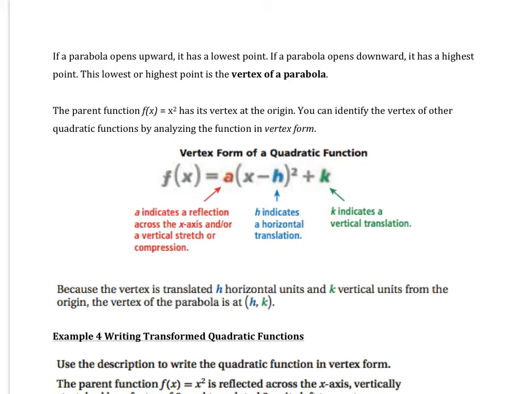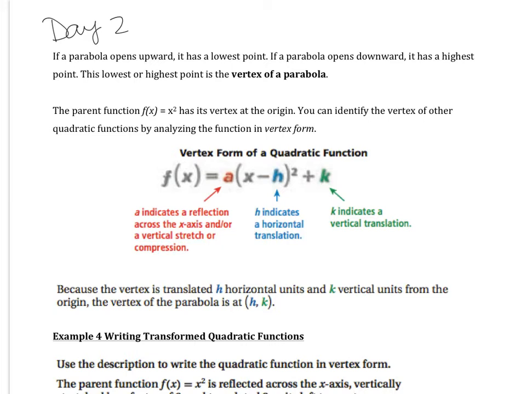Okay, 5-1, day 2. We're going to talk about the vertex form of a quadratic function and how we can write the function knowing what transformations we want to have. So again, a parabola opens up or opens down.